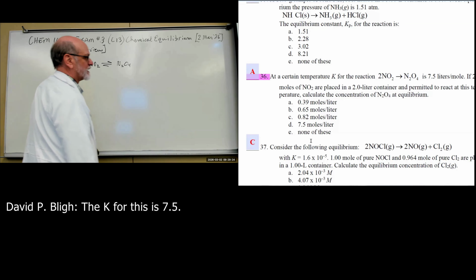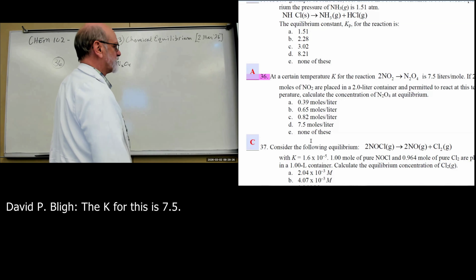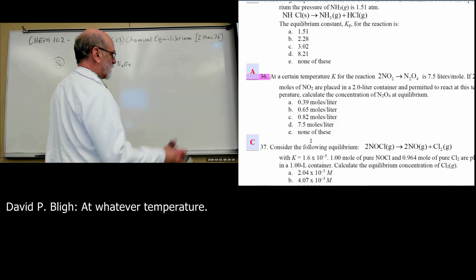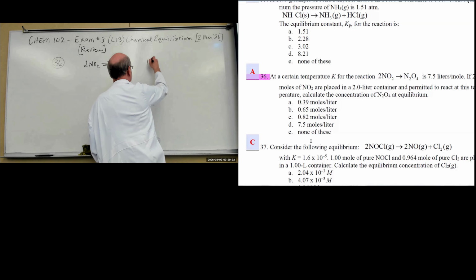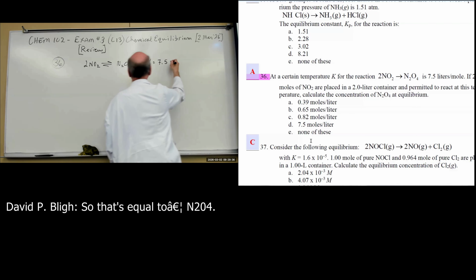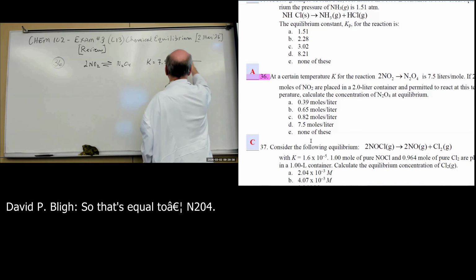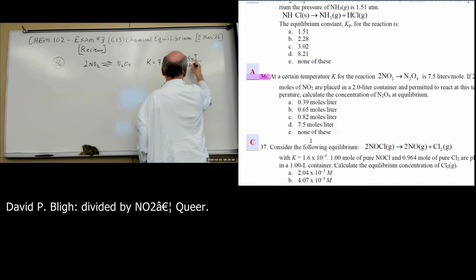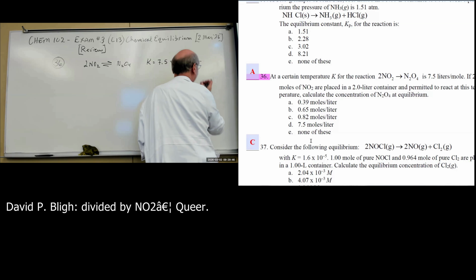The K for this is 7.5 at whatever temperature. So that's equal to N2O4 divided by NO2 squared.